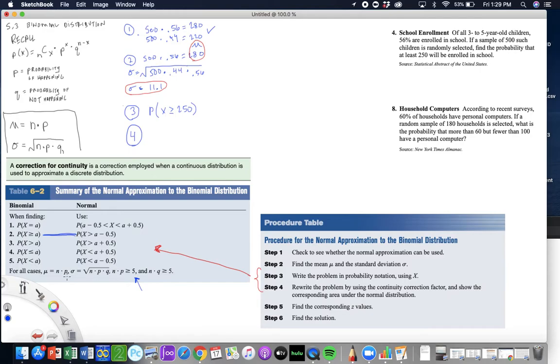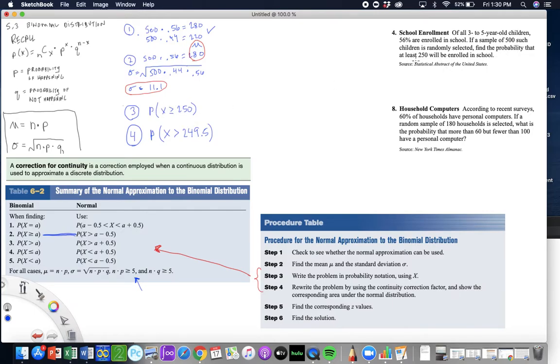The reason we have to make this adjustment, if you look at the title of this section, which is the approximation, is that going back all the way to 2.1 or 2.3 where we had to find the class boundaries, we want to include the value. So it's going to change to the probability that x is greater than 249.5.